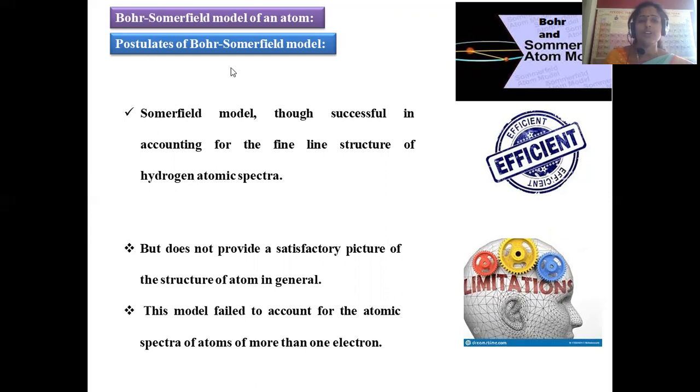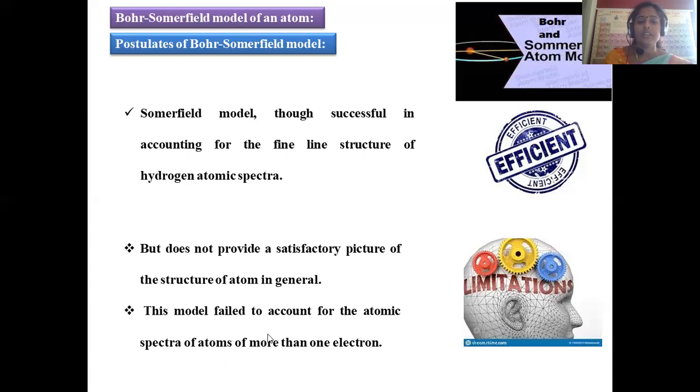Let us discuss the limitations of the Bohr-Sommerfeld model. It does not explain the picture of the structure of an atom in general. Why that kind of elliptical structure, and what is the exact structural type of each and every element? That kind of general atomic structure is not provided by the Bohr-Sommerfeld model. And again, it is limited to the hydrogen atom. Species containing more than one electron cannot be explained even by the Bohr-Sommerfeld model.